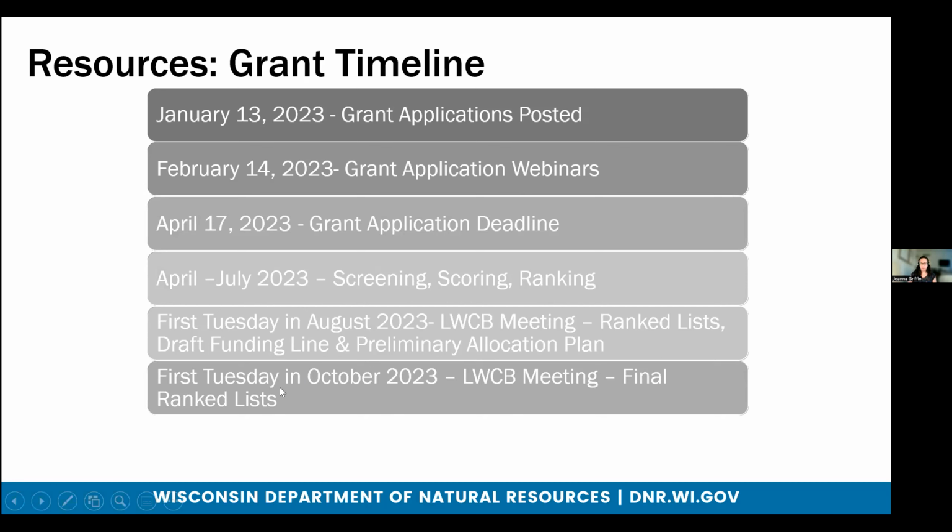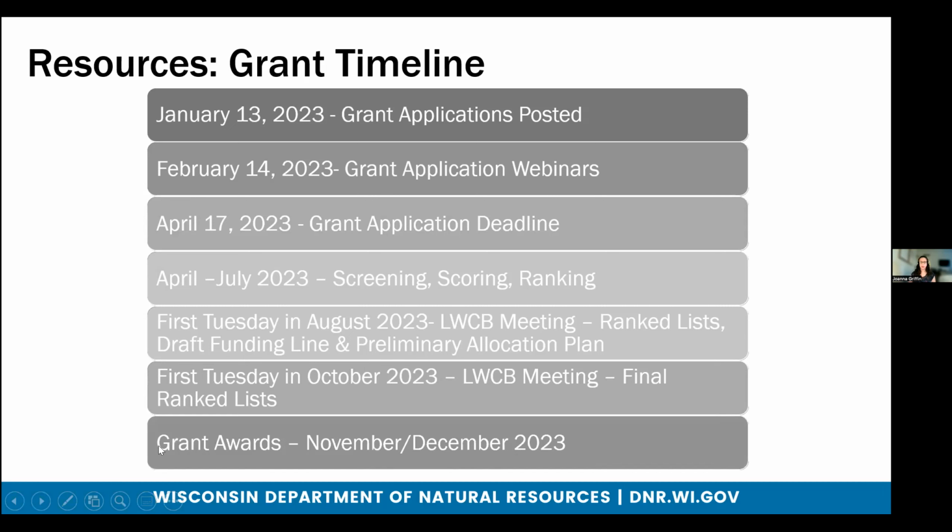If we wait till the October meeting, then the final list would actually be in December. And if not, we would have the final list in October. And then we hope to, depending on the budget, do our grant awards in November or December of 2023.